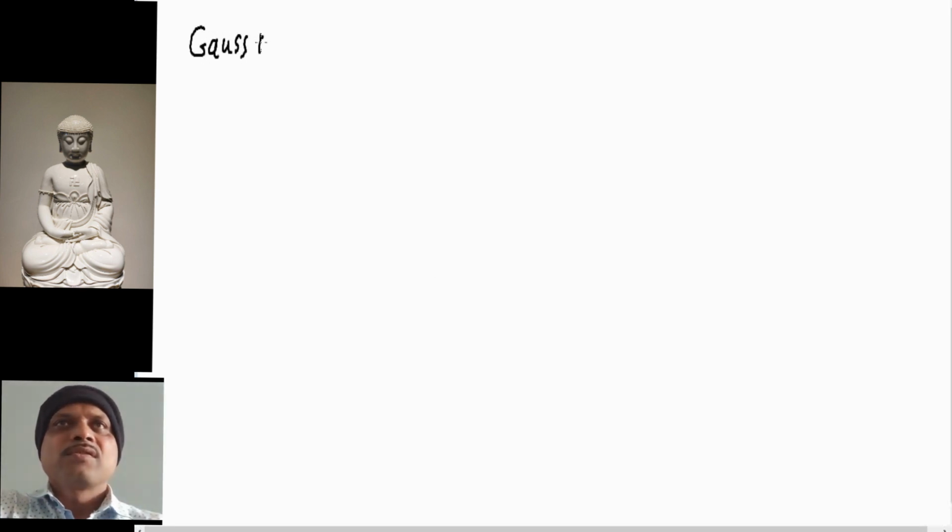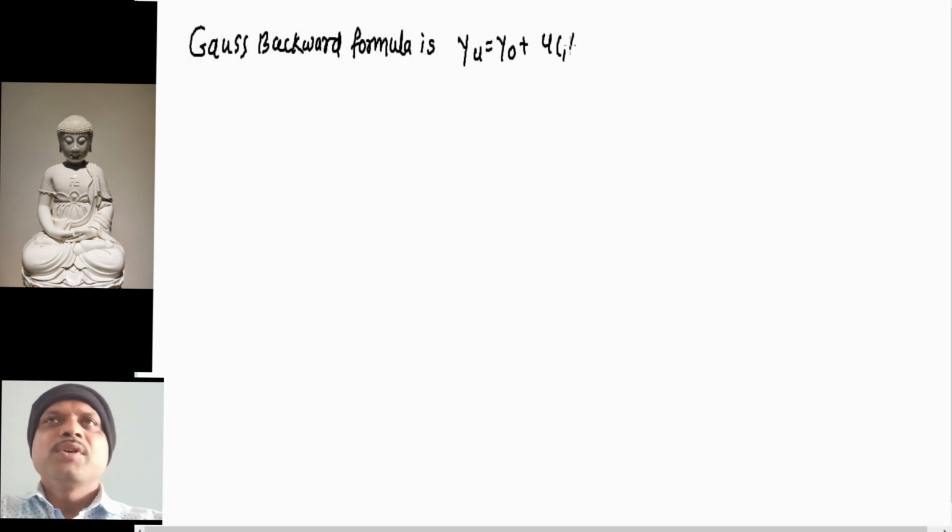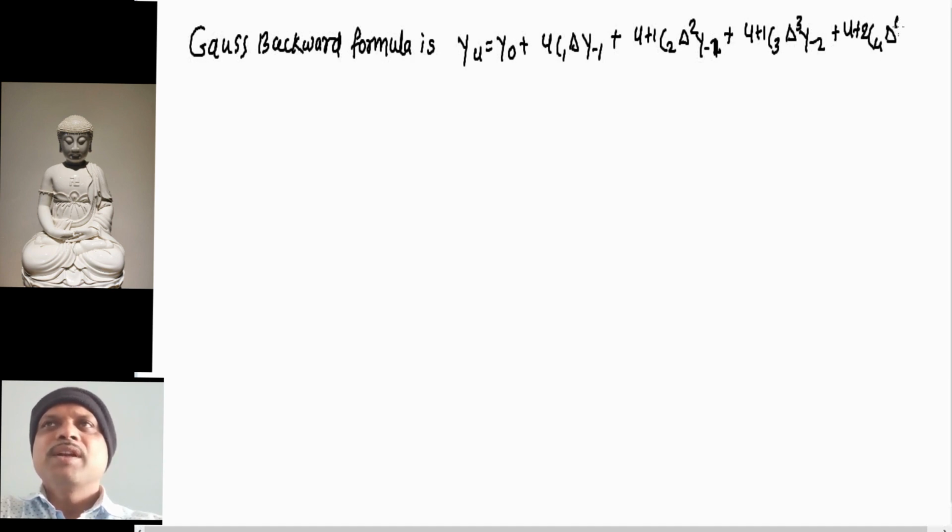Gauss backward formula is: yu equal to y0 plus u c1 delta y at minus 1 plus (u plus 1) c2 delta square y at minus 1 plus (u plus 1) c3 delta cube y at minus 2 plus (u plus 2) c4 delta raised to 4 y at minus 2 plus, like this.